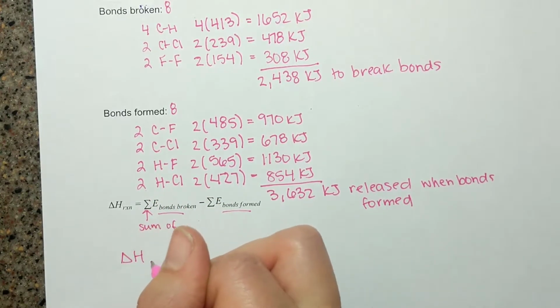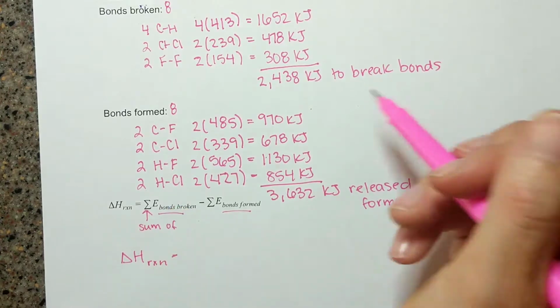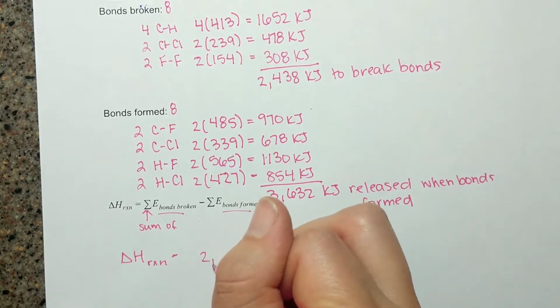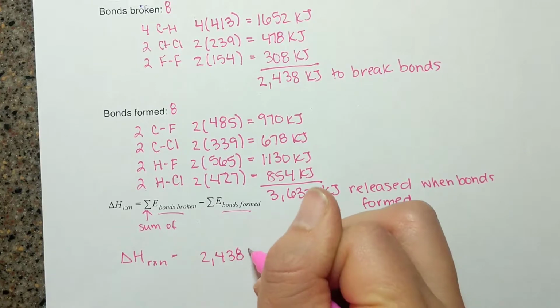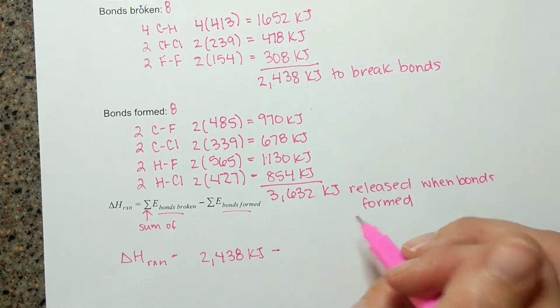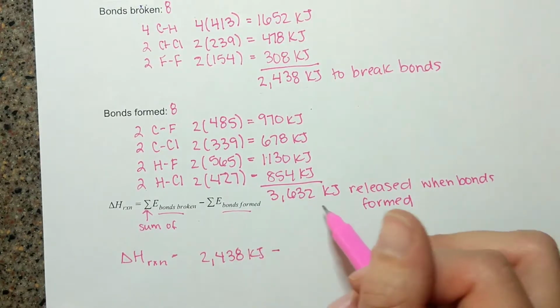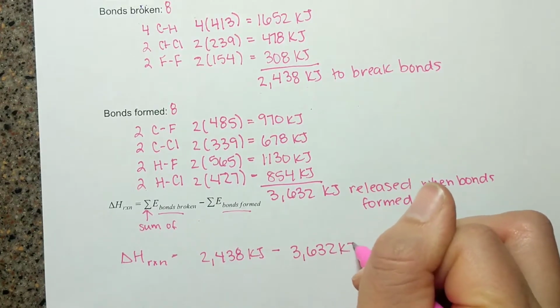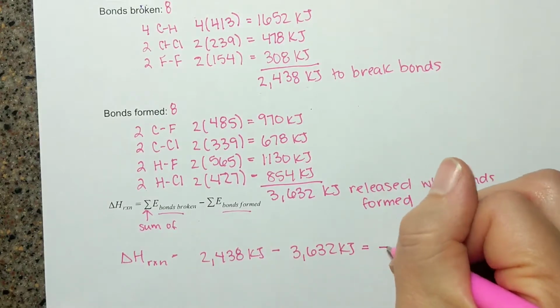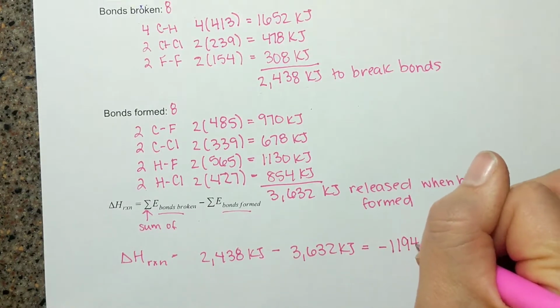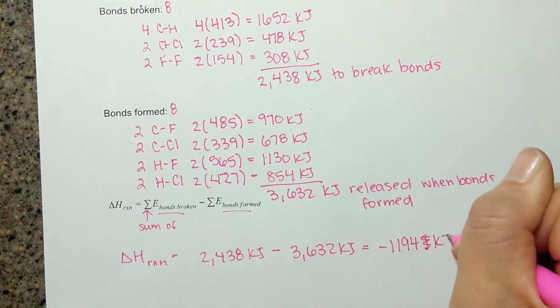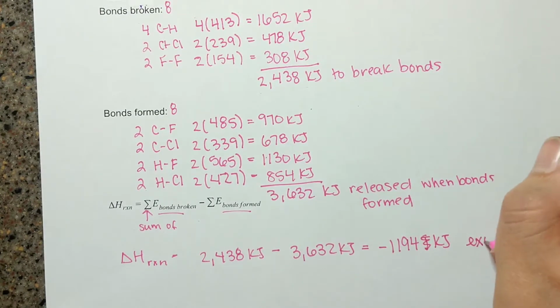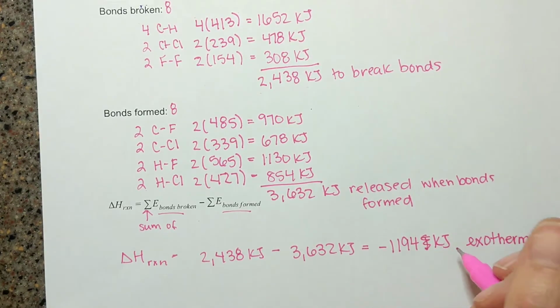So my delta H for the reaction, bonds broken, which is up here, minus bonds formed, gives me negative 1,194 kilojoules, which is exothermic, because of this negative sign. And that was the energy change for my reaction.